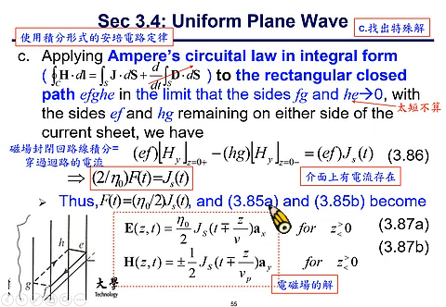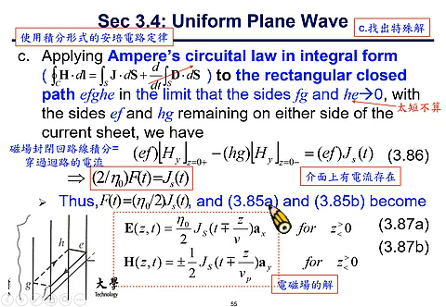Therefore, the unknown F function can be solved as eta sub 0 over 2 times Js. So the F function is proportional to the surface current density Js. Substituting the F function with eta over 2 times Js, we have this solution. That is, the electrical field intensity becomes eta over 2 times Js, a function of t minus and plus z over Vp.